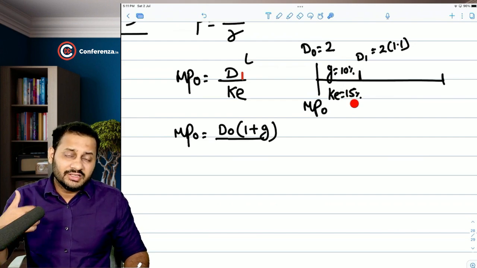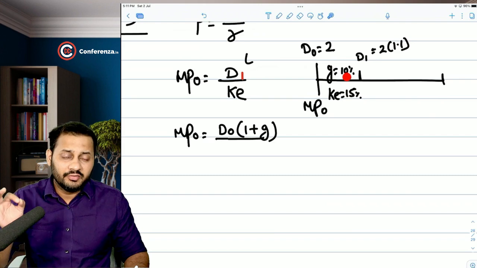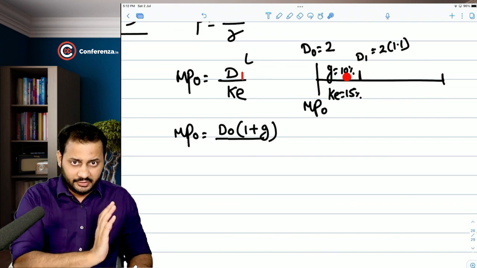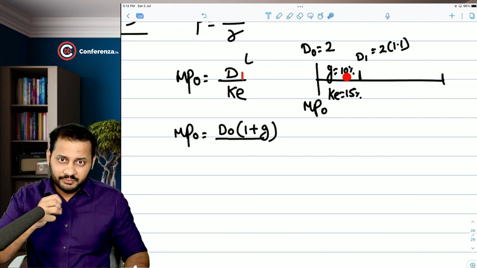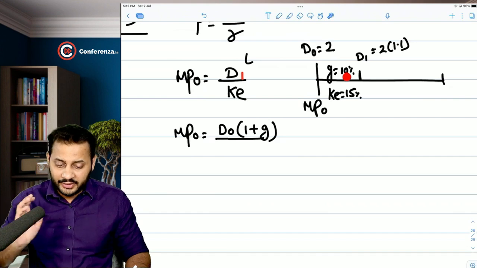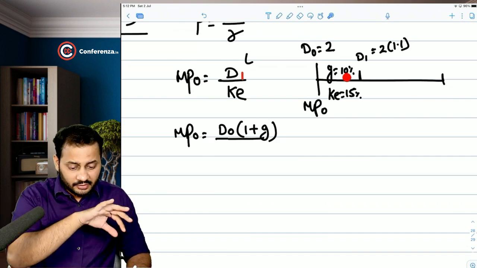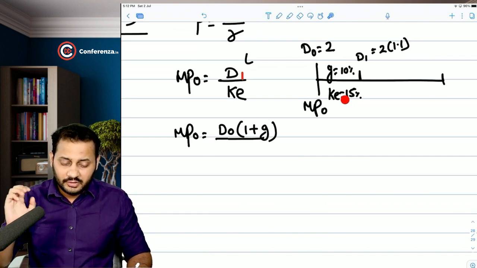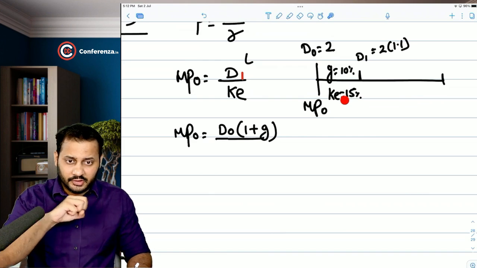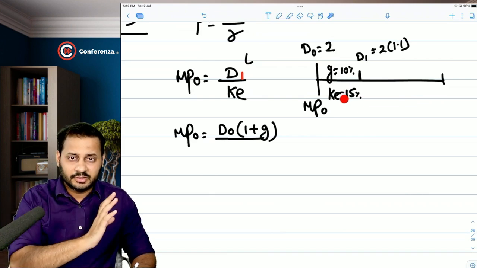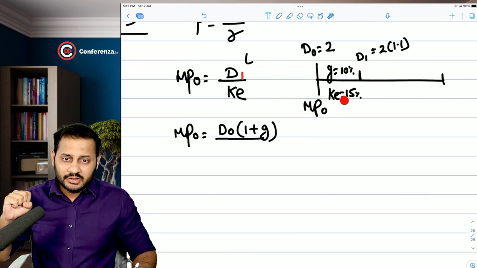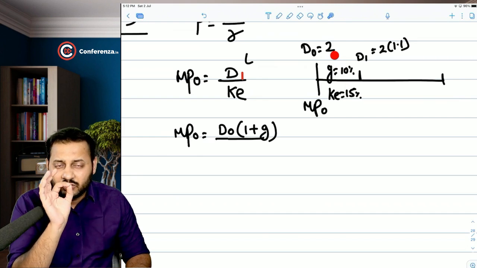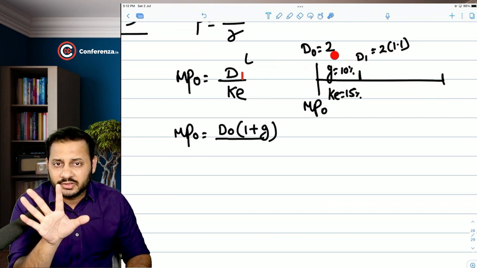And in the same year you are growing the dividend of rupees 2 by 10%, taking it 10% ahead and bringing it 15% back. So practically, what is happening is this dividend is only discounted by 5%.